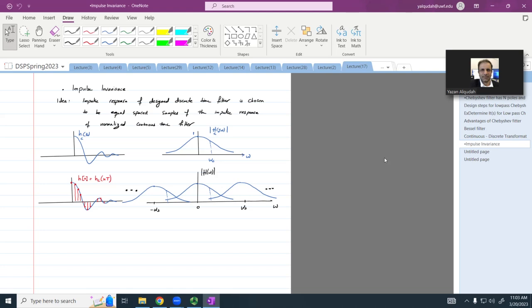So the idea is that if I build the analog filter and I have the analog filter frequency response here, I can go back and take the impulse response of that filter. This is what the impulse response will look like for that filter. Then I can convert it to a discrete time domain by sampling this filter. And if I sample this filter, what's going to happen?